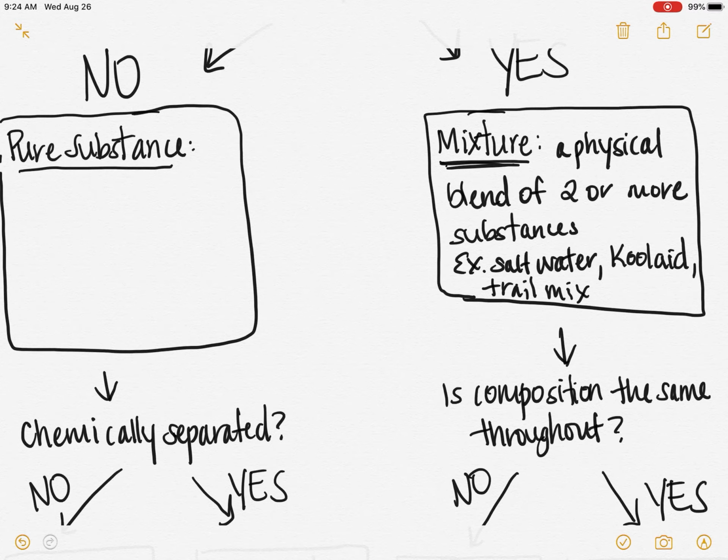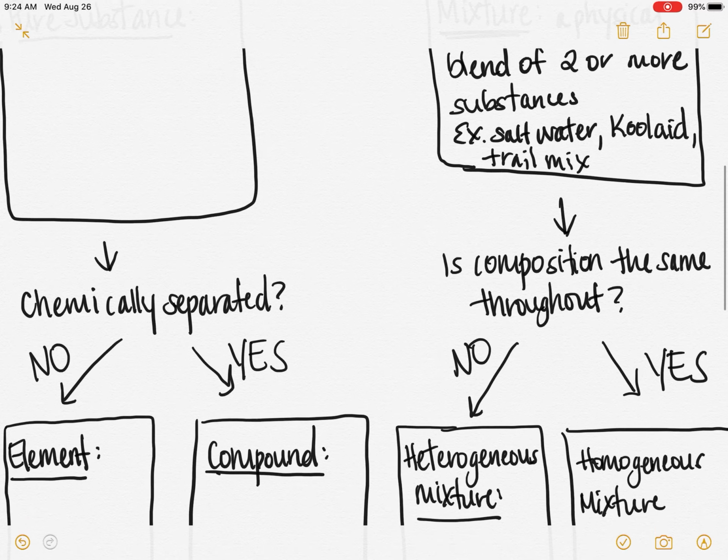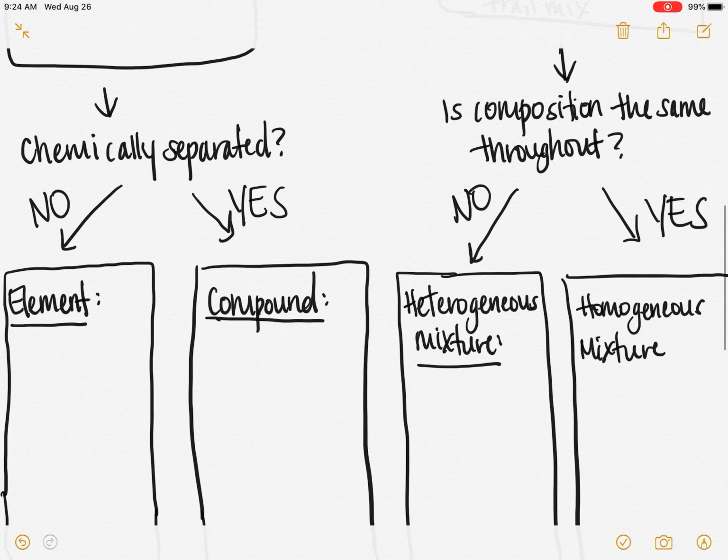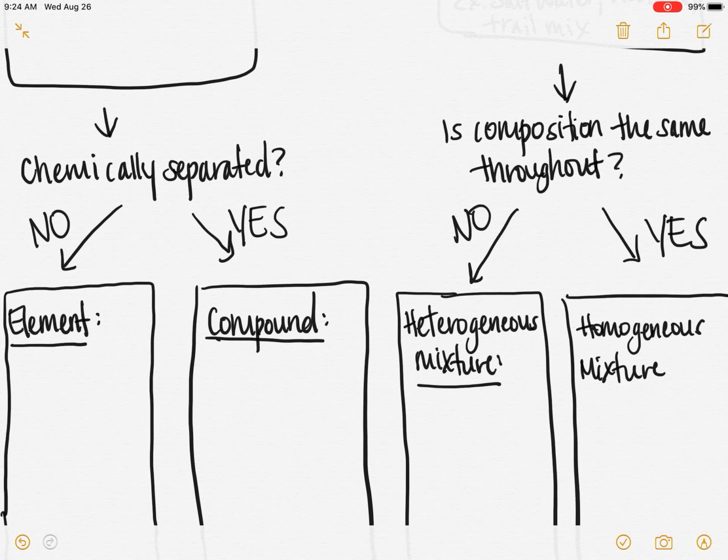Okay, so once we've identified something as a mixture, then we ask one more question, which is, is the composition the same throughout? And composition means what it's made of. Okay, so let's go back to salt water, for example, or even Kool-Aid. If you had a container of salt water and it was stirred thoroughly, then that saltwater mixture would be the same at the top of the container as it is at the bottom.